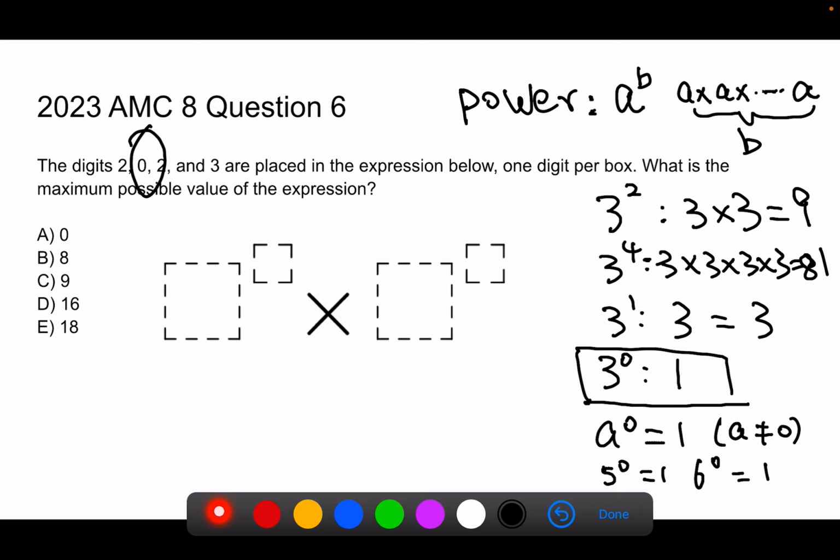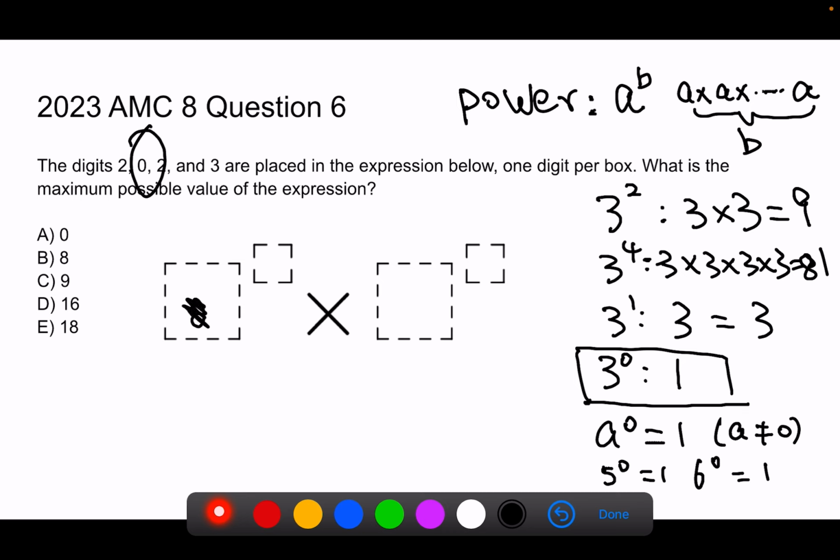Firstly, if 0 appears in any of those big squares, that means we are going to get a 0, because 0's power of whatever is going to be 0, and 0 times another number is going to be 0.